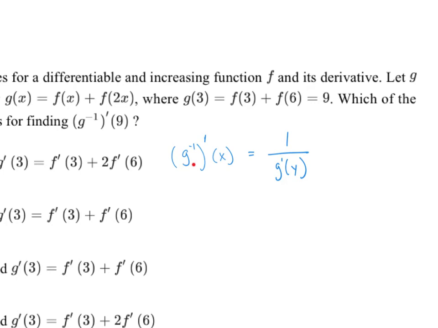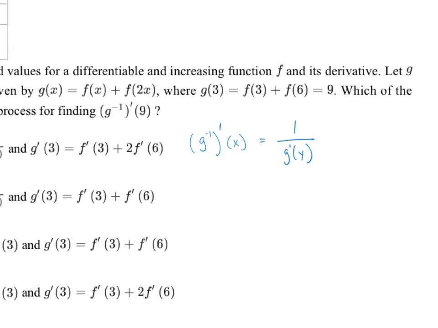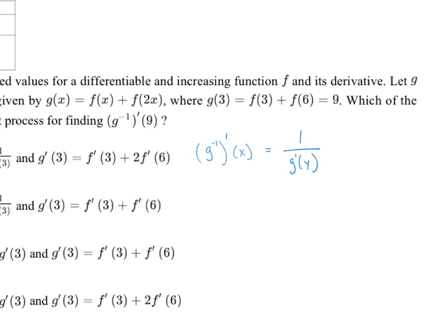So the derivative of the inverse at some x value is the reciprocal of the derivative of the regular function at the corresponding y value. Okay, and then if the x value is 9, we plug in 9, g inverse derivative at 9.